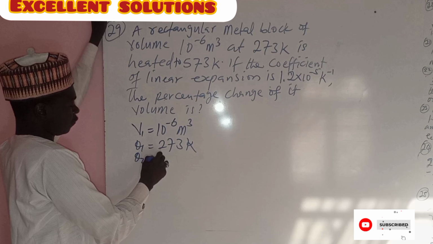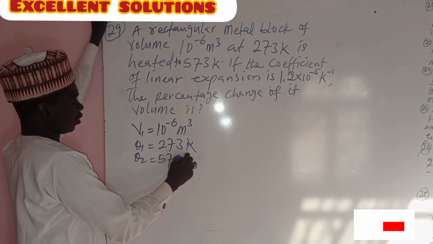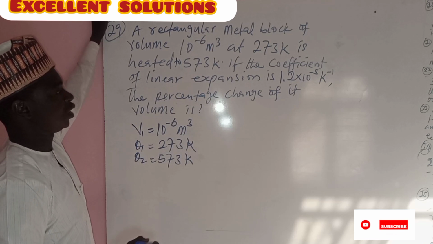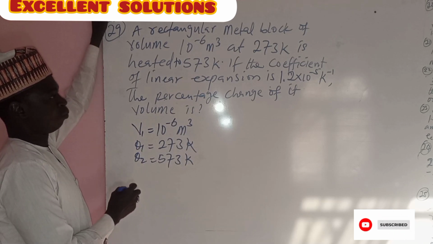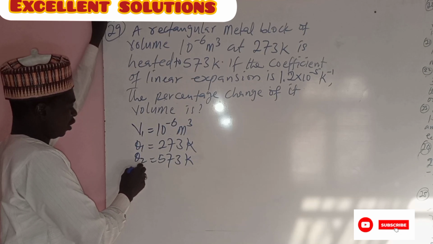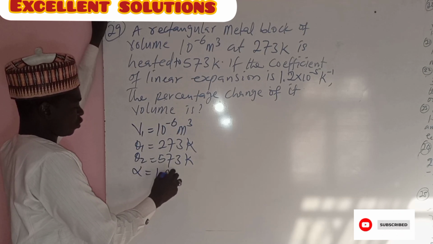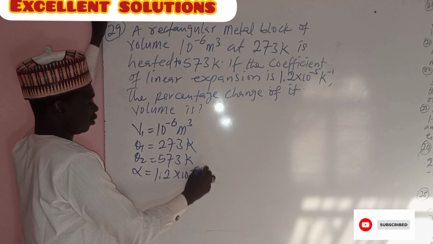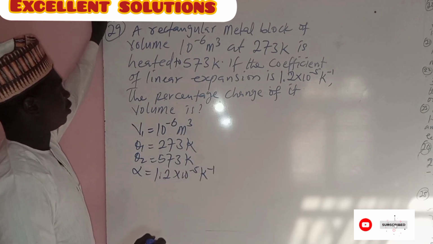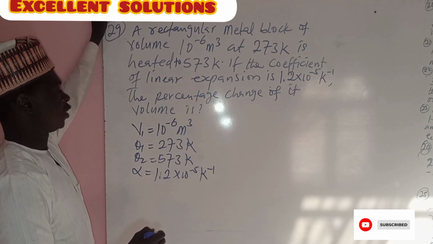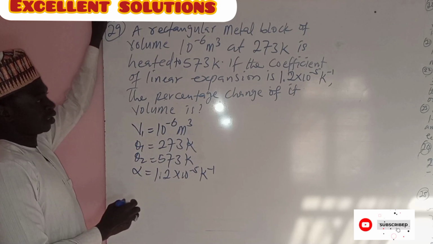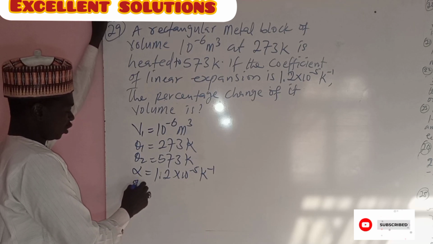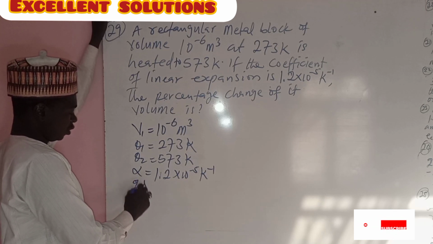Theta 2 equals 573 Kelvin. If the coefficient of linear expansion is 1.2 exponential minus 5 per Kelvin, alpha equals 1.2 exponential minus 5 per Kelvin, the percentage change of its volume is, so we are looking for percentage change of volume.